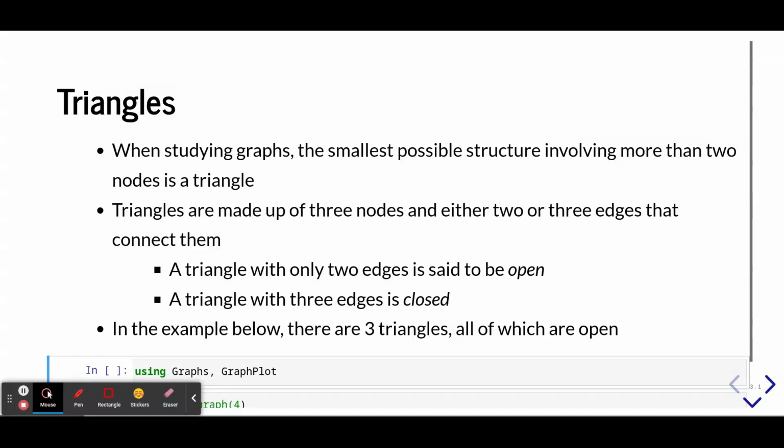Other times we like to zoom in and look at the small, or the micro. This is a case where we want to zoom in and look at the small. So when we look at a small number of nodes, we could look at a single node and try to analyze its edges and relationships.